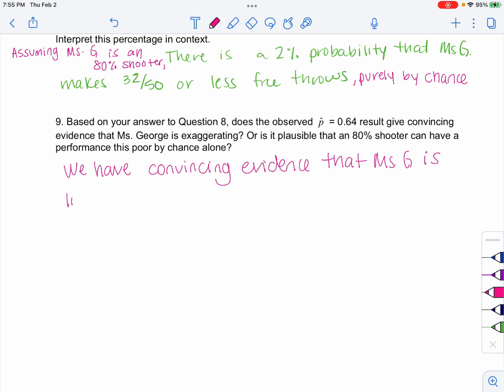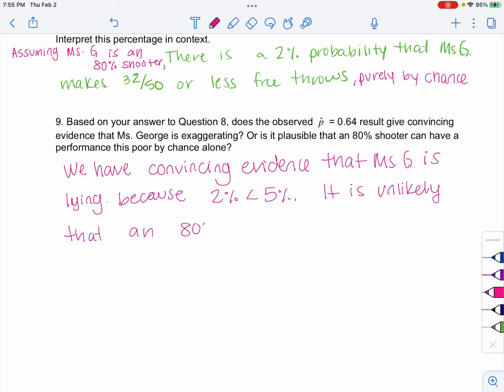Ooh, look at that. I'm going to spell lying wrong. Is lying because 2% is less than 5%, meaning it is unlikely that an 80% shooter performs that poorly.